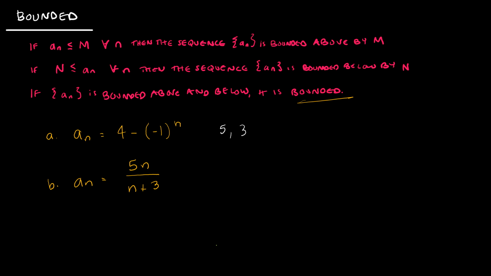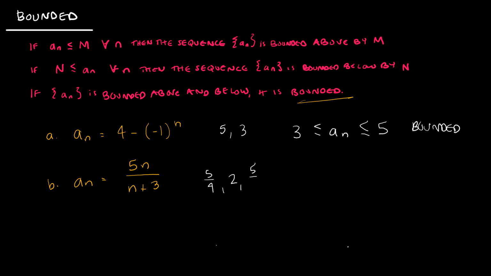And so this is obviously bounded both above and below, because we could say 3 is less than or equal to a sub n is less than or equal to 5. In our second example, this is also bounded, because it was bounded both above and below.